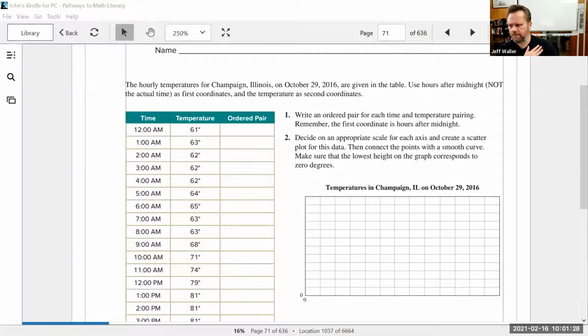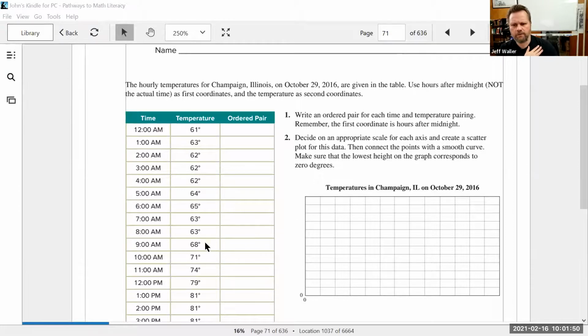I'm sorry, what's up? I have an ebook, and for some odd reason, my graphs don't show any numbers. Oh, like right here? Time, temperature.